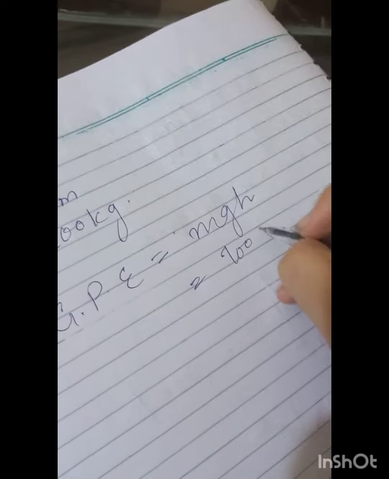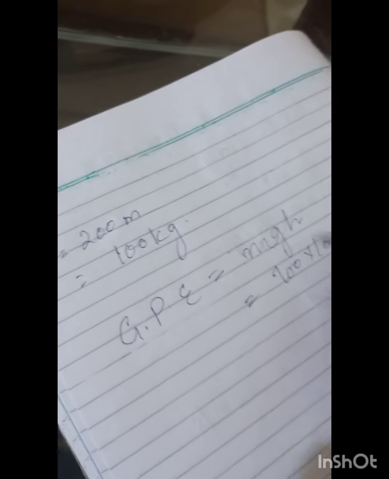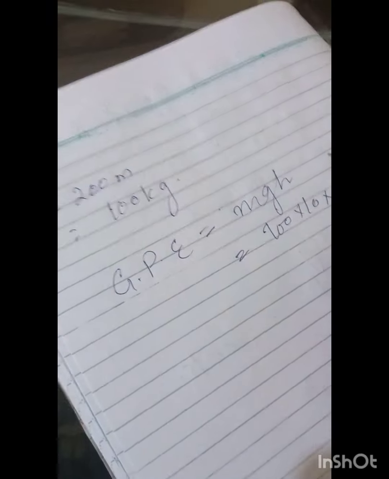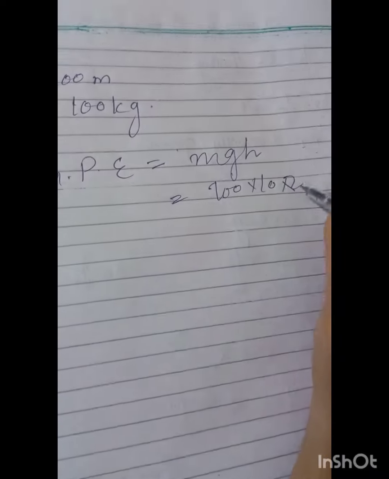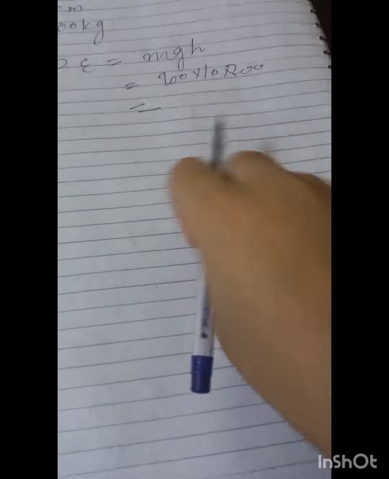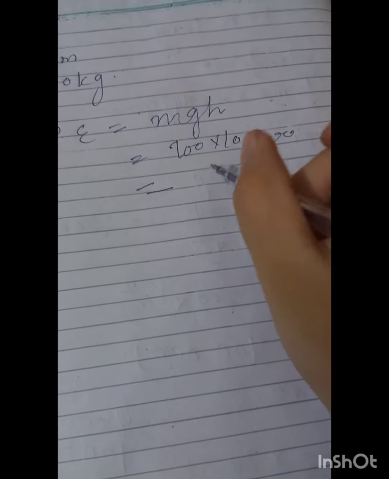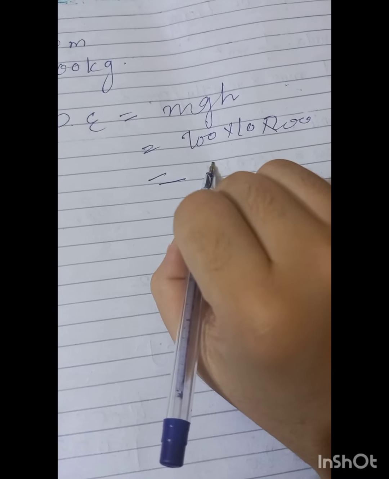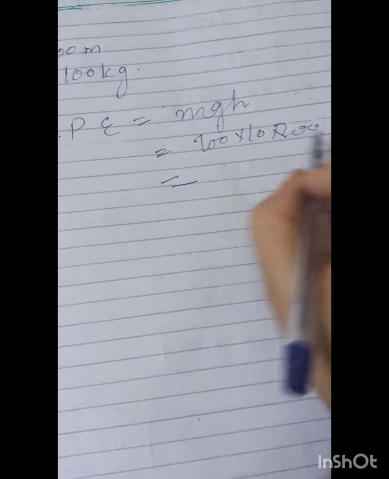Mass is 100. This is 10. And the height is 200. After multiplying these values, after solving this question, we will get the answer.